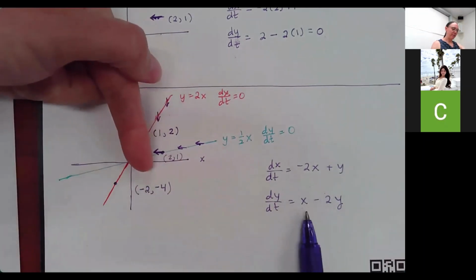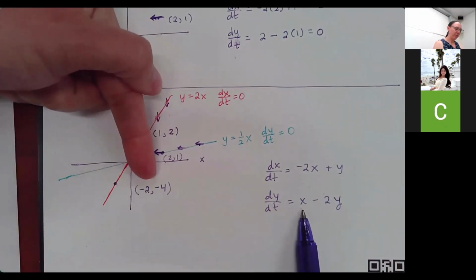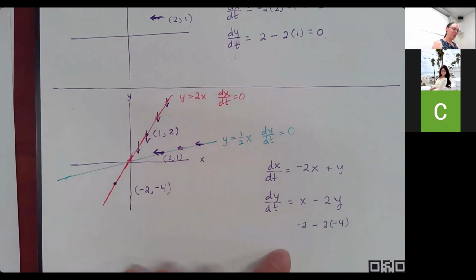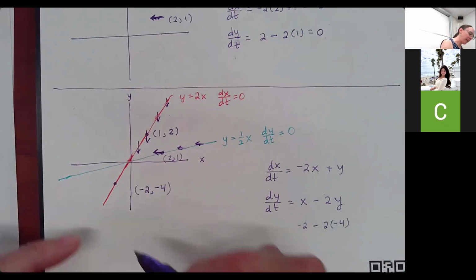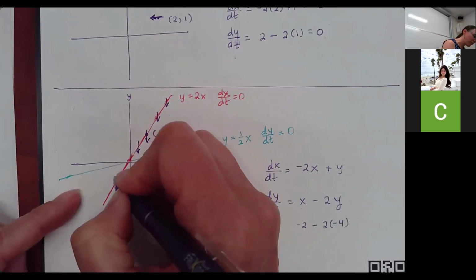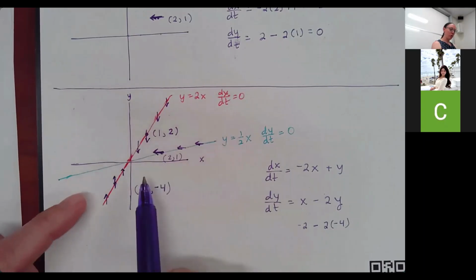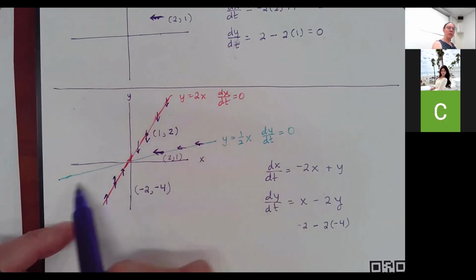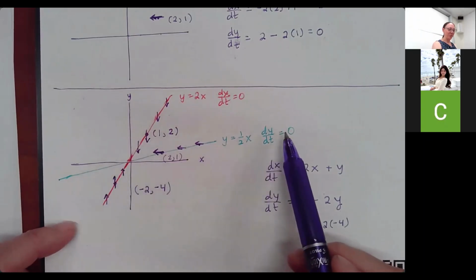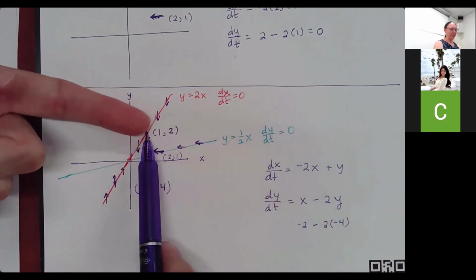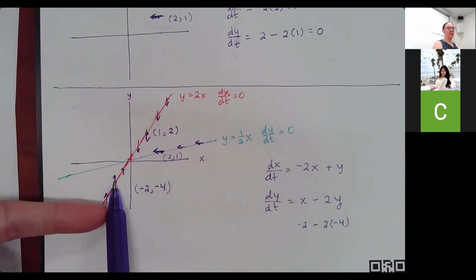So -2 minus 2 times -4. So it's positive, which means my arrow points up. So we passed through a nullcline where dy/dt was equal to 0. So in the y direction, I flipped from being negative to being positive.